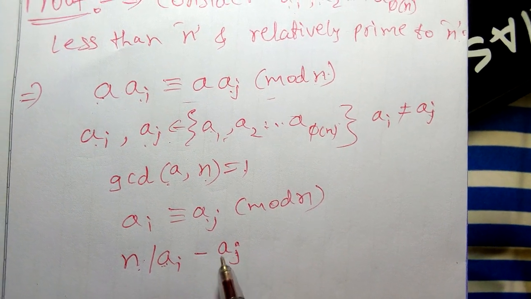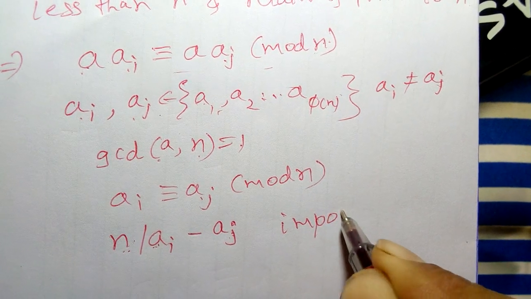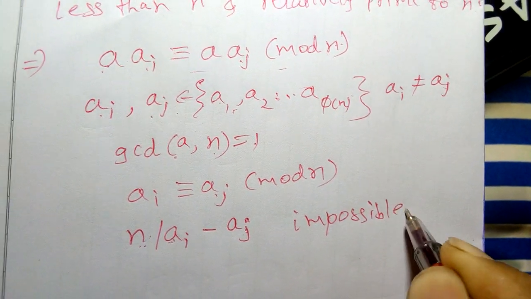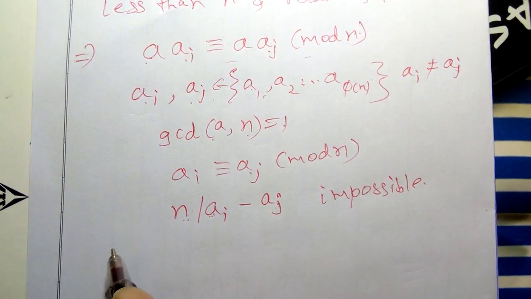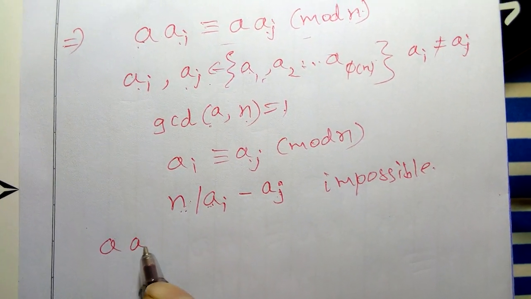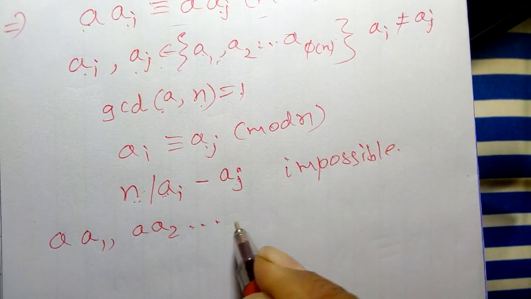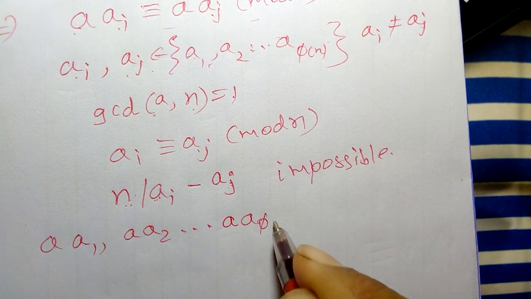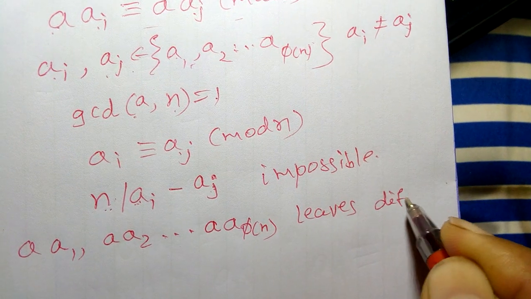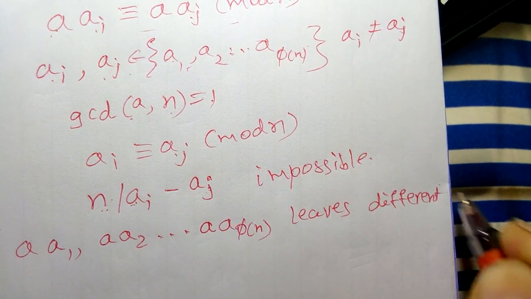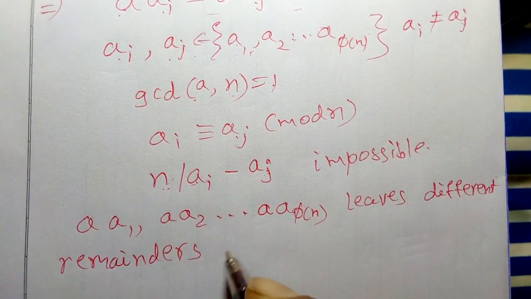So this difference cannot be divided by n. This is impossible. So this is a contradiction. By this we can say that a·a1, a·a2 up to a·a phi of n leave different remainders when divided by n.